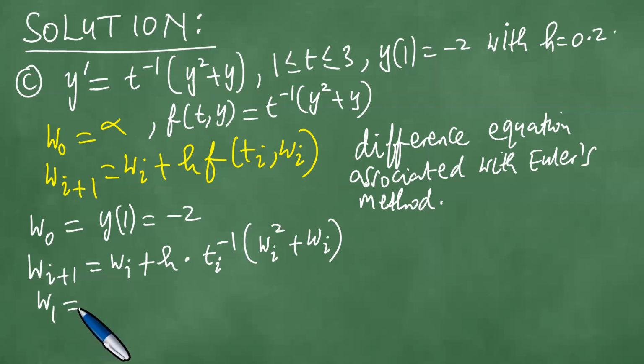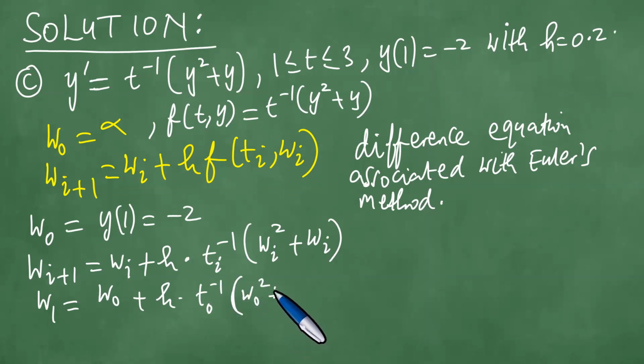Now you can get to W1, which means here I is 0. And then you have H here, and then I is 0, just T0, and then W0. And then now you have W0, which is minus 2.